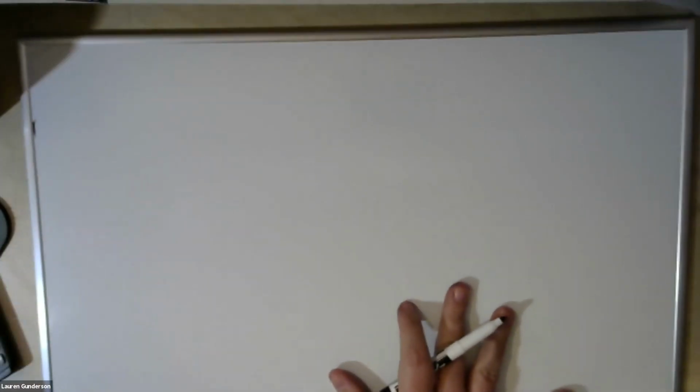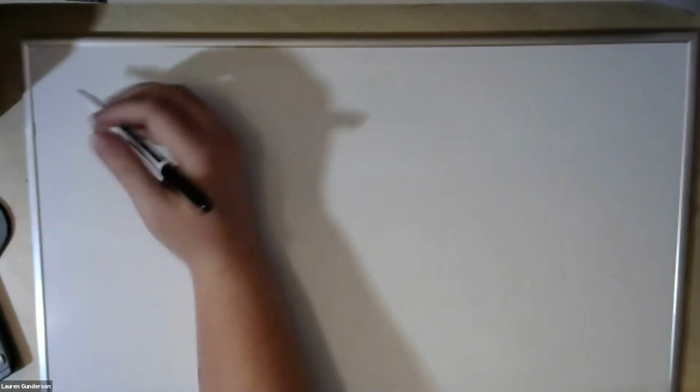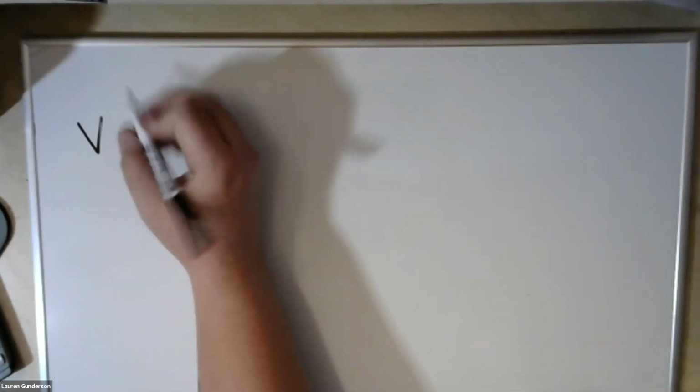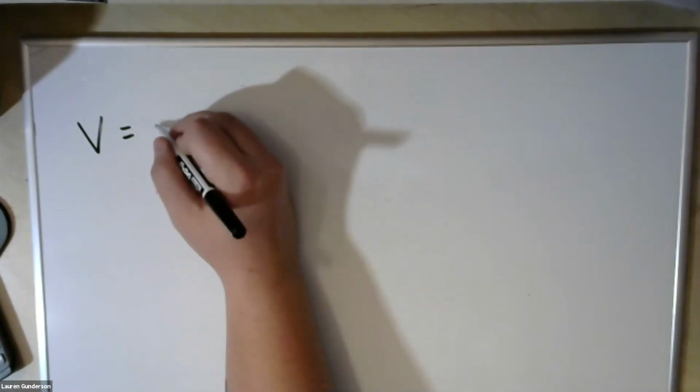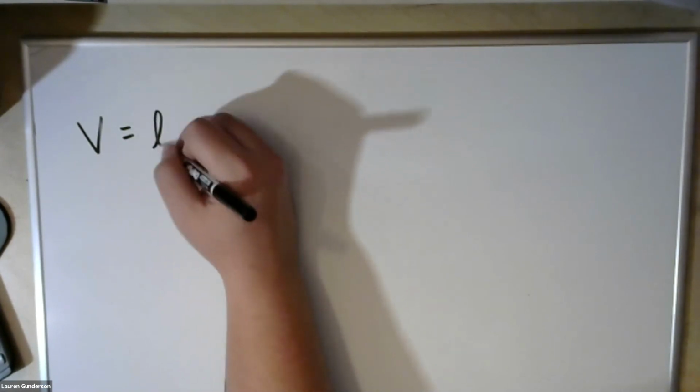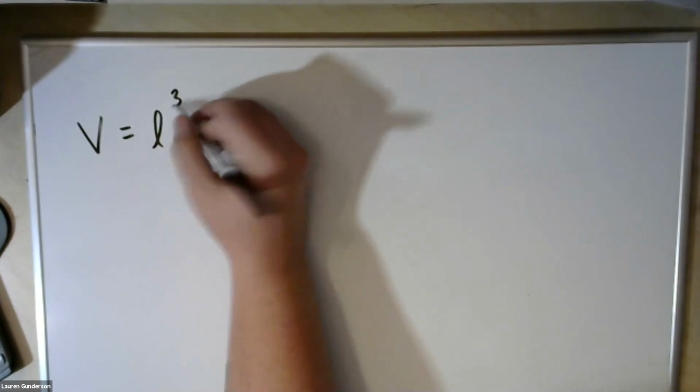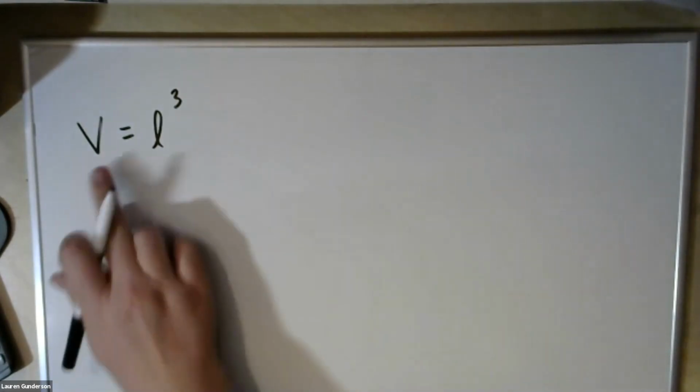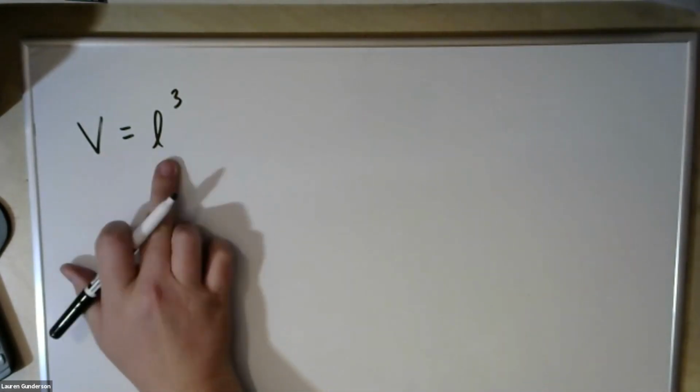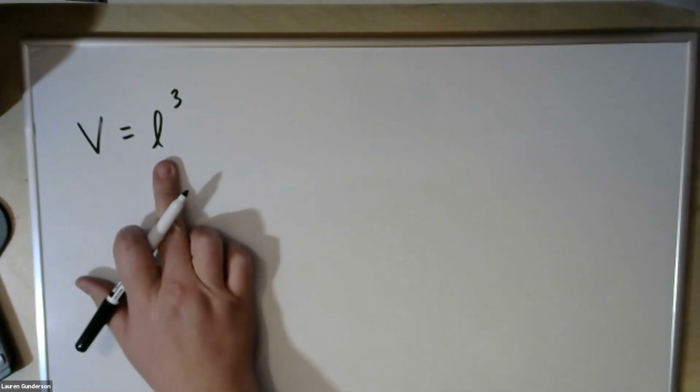So again, here we need to know a few pieces of information. First, the volume of the cube is going to be the edge length, which we'll call L, cubed. Okay, so if we can find the volume of the cube, we'll be able to figure out what the edge length is.